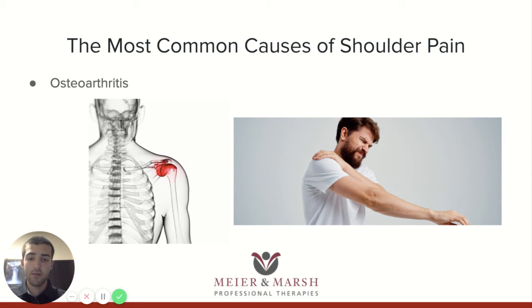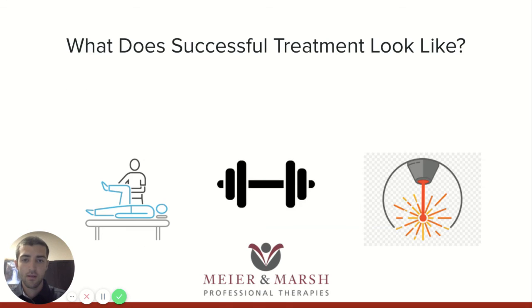It just means there's a lot of inflammation in that joint, maybe some wear and tear from aging. But to find out, you have to determine the cause, your deficits in your shoulder, to really figure out what's causing that inflammation and that arthritis.